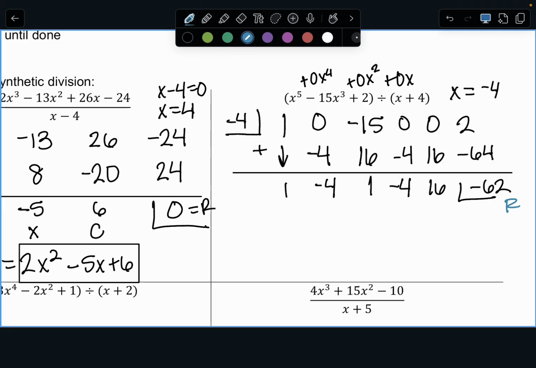And then let's label the rest of my terms. I started with x to the 5th. I got rid of 1. What should go here? X to the 4th. So x to the 4th, x to the 3rd, x squared, x, and my constant term.